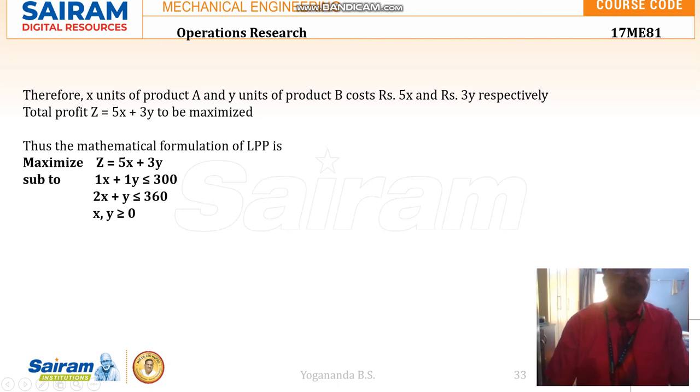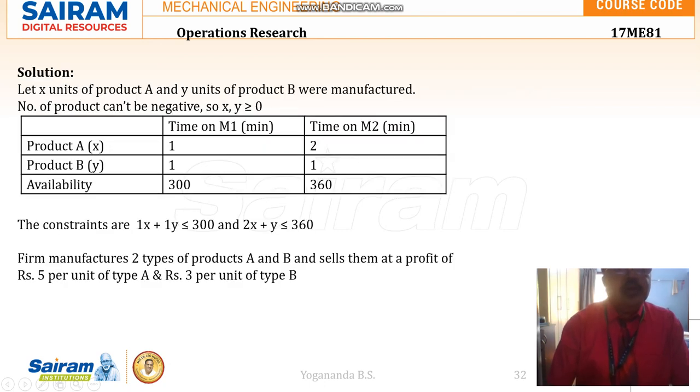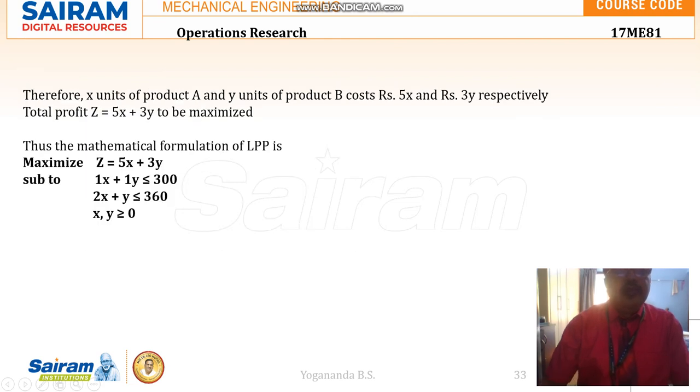Now subject to the machine hours constraints. The constraints are stated here: 1x plus 1y less than or equal to 300. By processing x number of units of A and y number of units of B, the total time spent on machine 1 should not exceed 300 minutes. So it is 1x plus 1y less than or equal to 300, as written here.